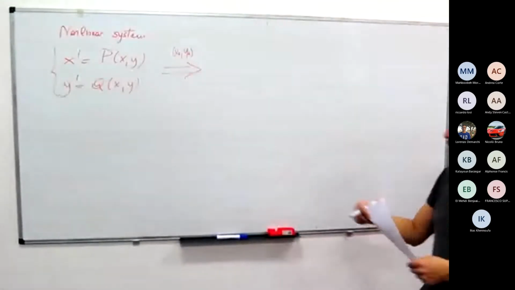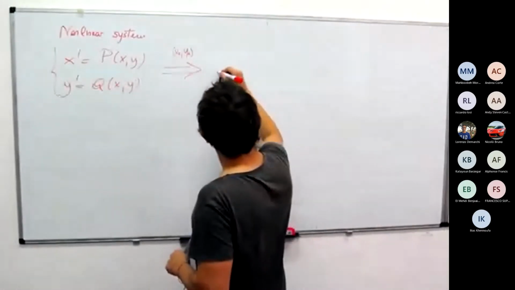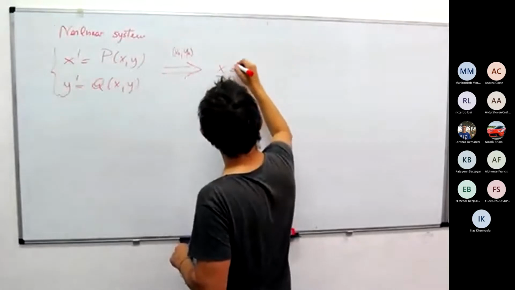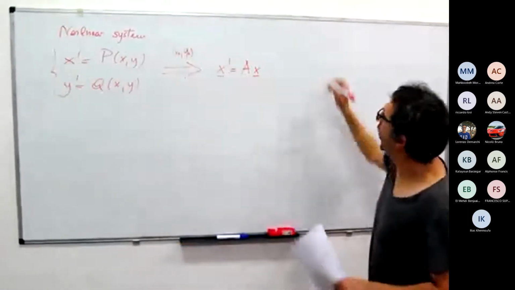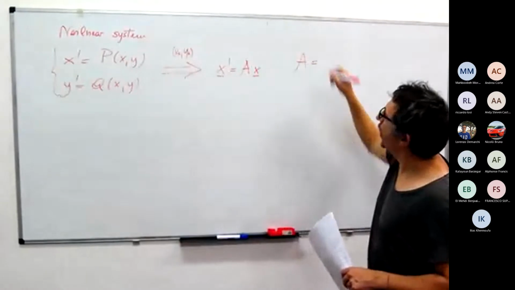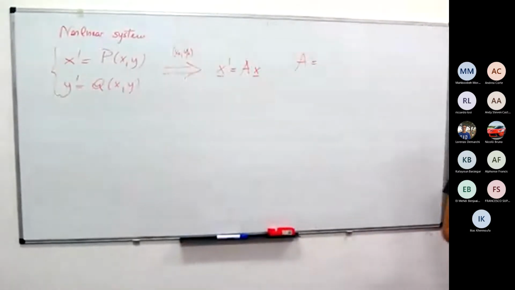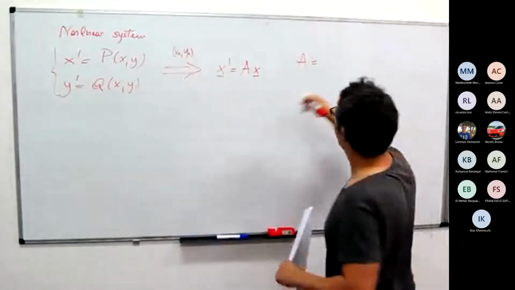So what I will end up with is some linear system that I can write this way, where the matrix A is what we call the Jacobian of the linearization.